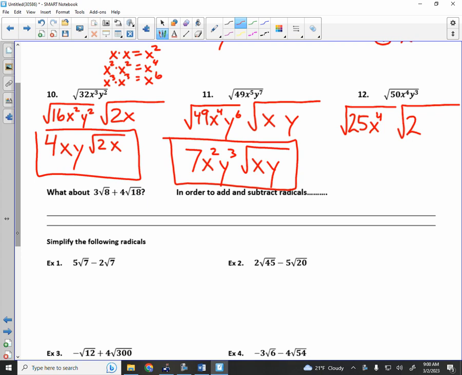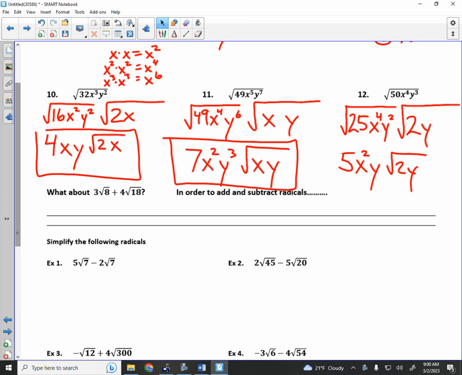No. So I reduce it to y squared and I put the y over here. Square root of 25 is 5. Square root of x to the 4th is x squared. Square root of y squared is y, root of 2y. And that's your answer.